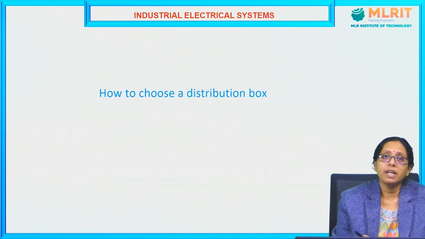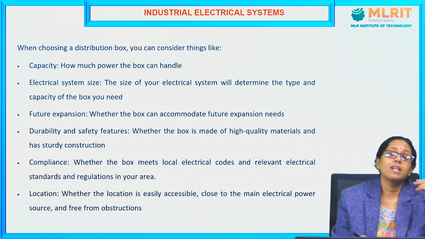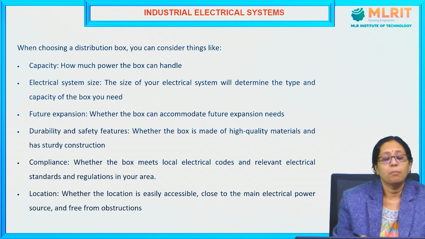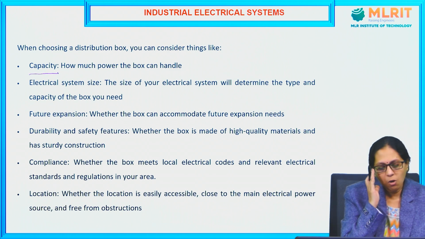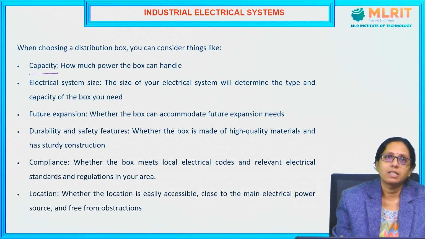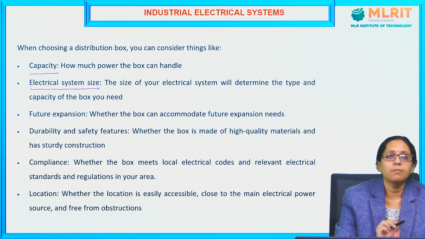How to choose a distribution box? These are the different criteria for selecting a distribution box. The first one is capacity, how much power the box can handle. Second one is electrical system size.